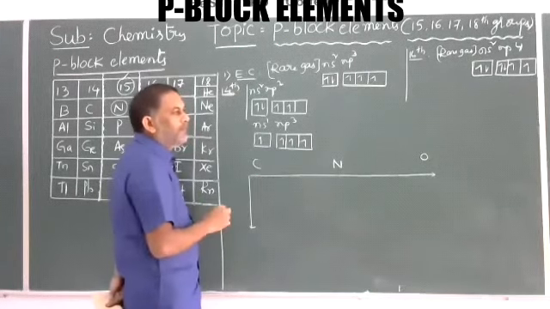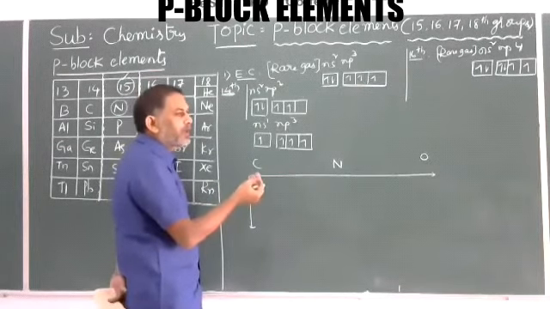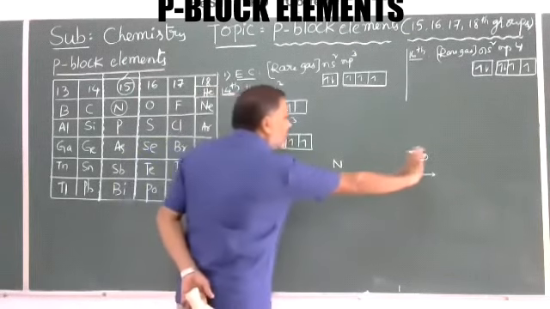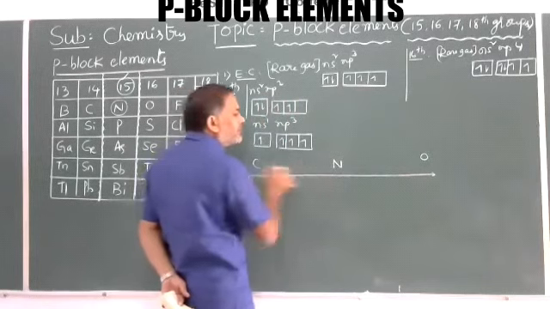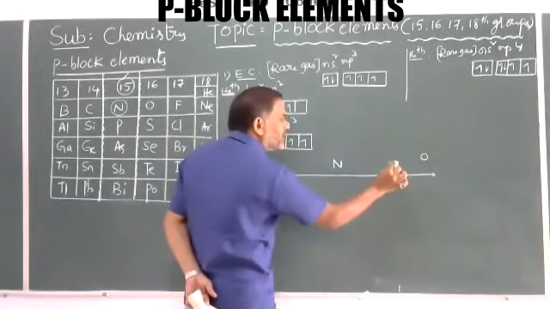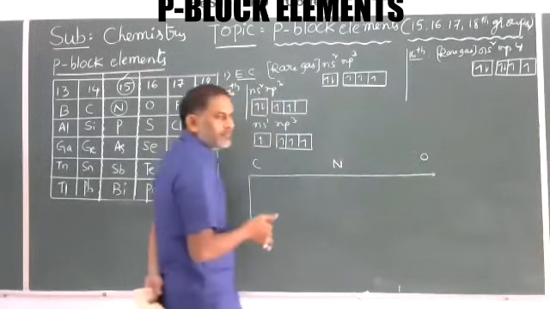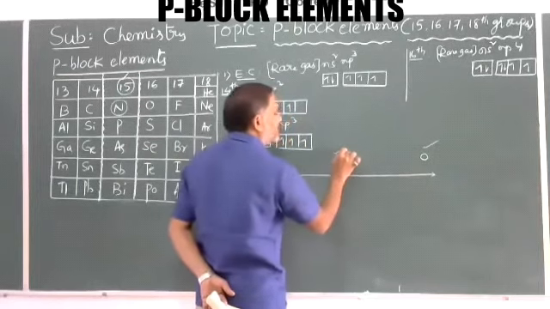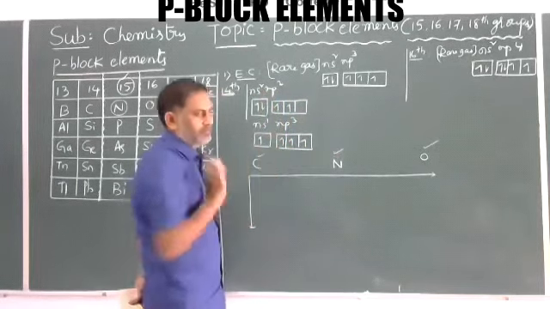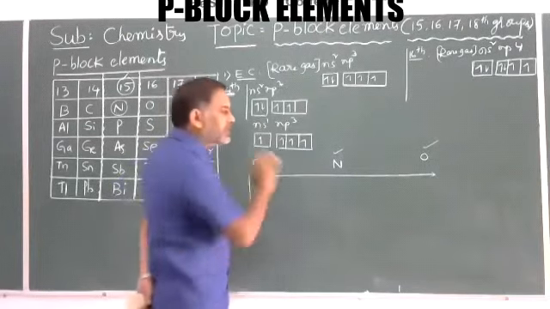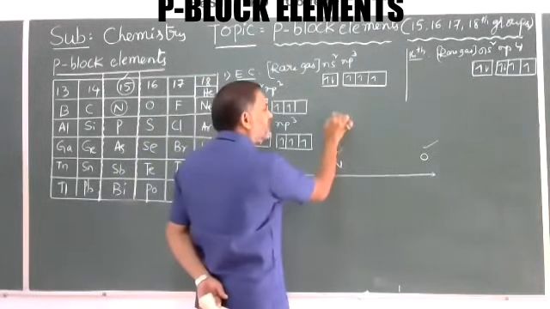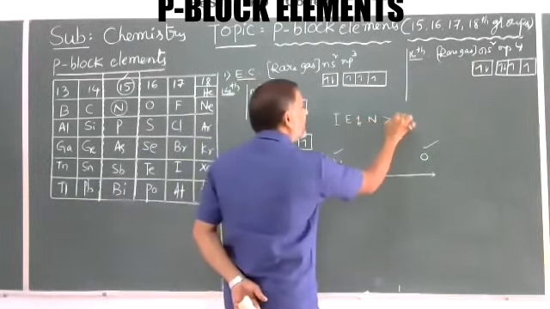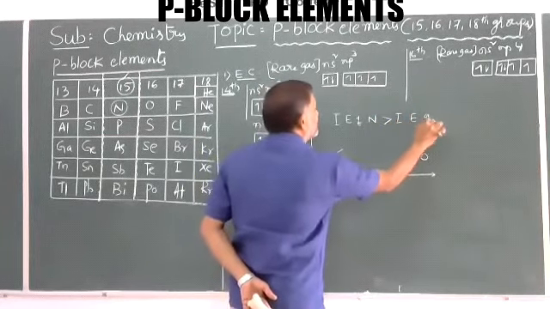So according to the general concepts, from left to right size decreases and ionization energy increases. Oxygen's ionization energy should be more than nitrogen's, and nitrogen's more than carbon's. But in this case, the ionization energy of nitrogen is greater than the ionization energy of oxygen.